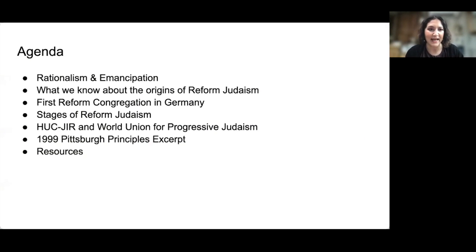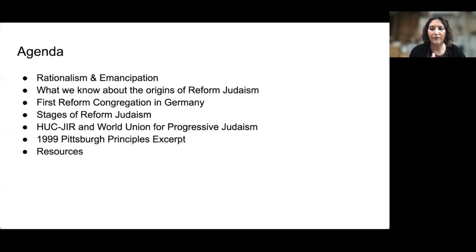So our agenda today, I'm going to start by explaining rationalism and Jewish emancipation. And then we're going to take a break from me explaining things to talk about what we know as a group about the origins of Reform Judaism.